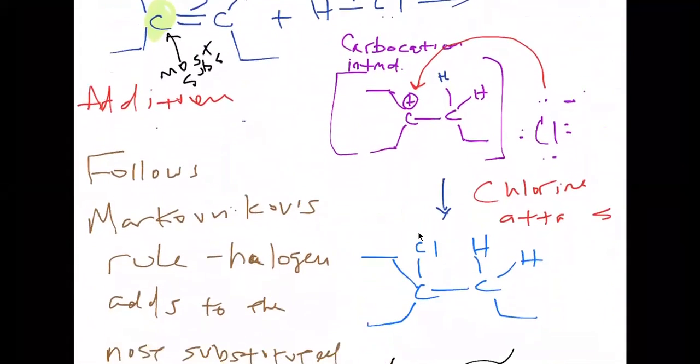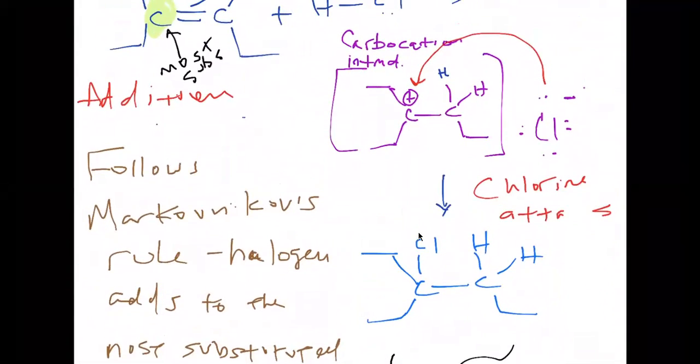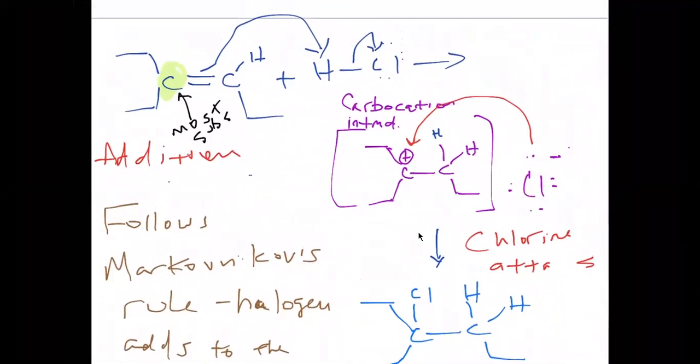Your carbocation here is what is going to be attacked by chlorine, the chlorine that left. If you look up here, the arrow goes from the pi bond to hydrogen, and then you break the HCl bond. So the chlorine that left now is going to attack your carbocation, and the chlorine ends up at that position.